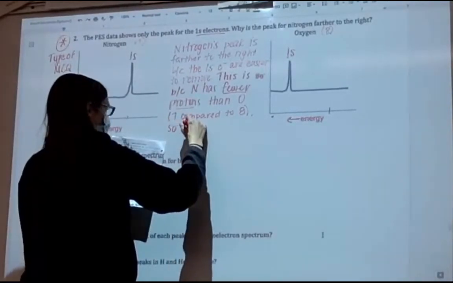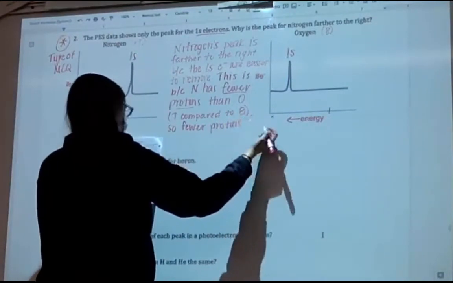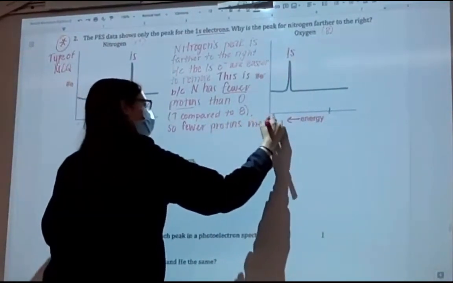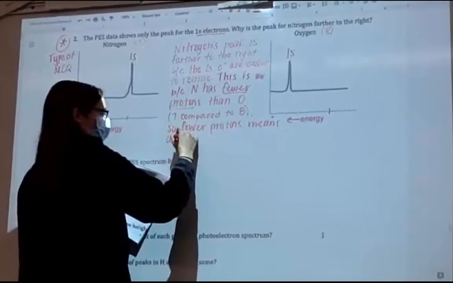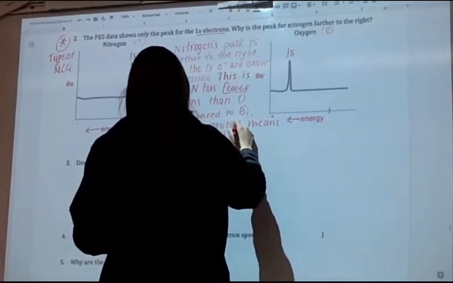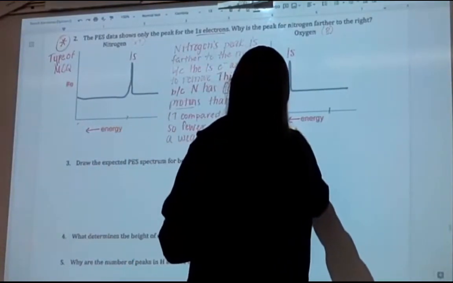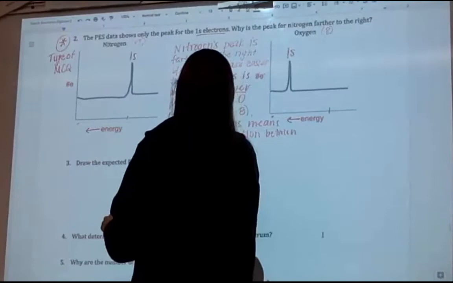So, fewer protons means a weaker attraction between electrons and the nucleus.